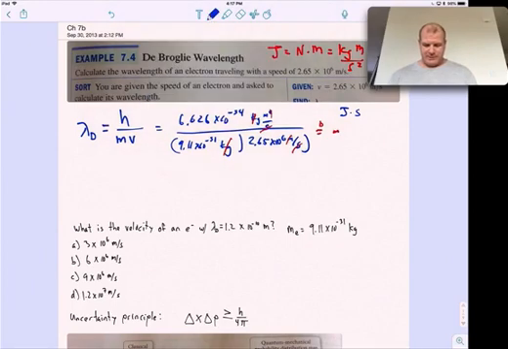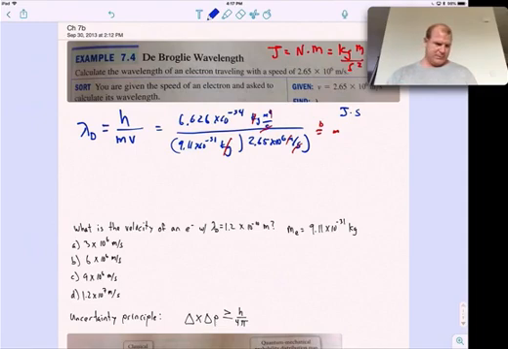So then we put this in our calculators: 6.626 times 10 to the minus 34 divided by the mass of the electron, divided by the velocity, 2.65 E6.